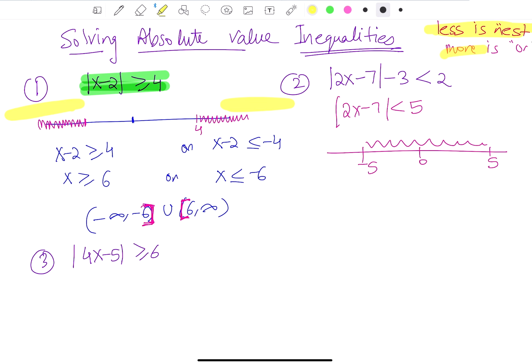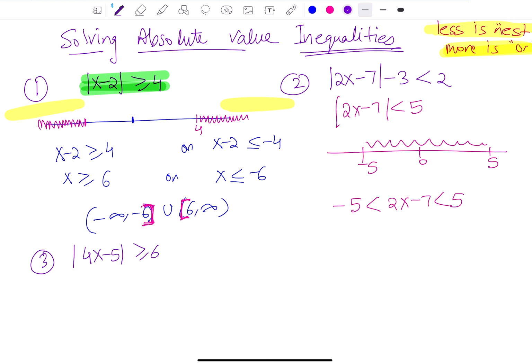Remember, less is nest, more is or. The less-than ones we can write in a compact way: 2x minus 7 lies between negative 5 and positive 5.